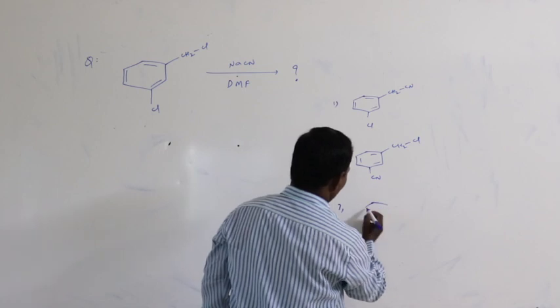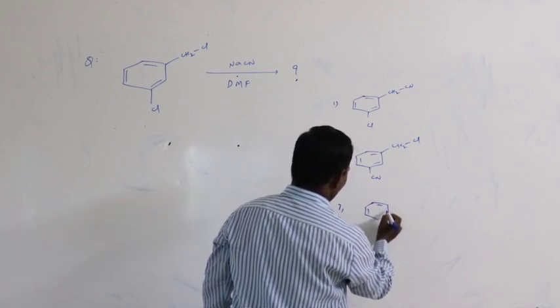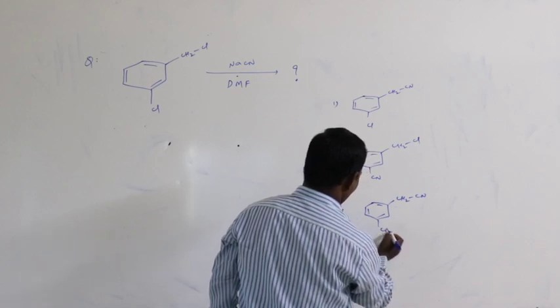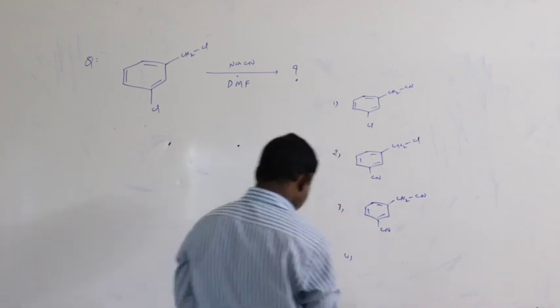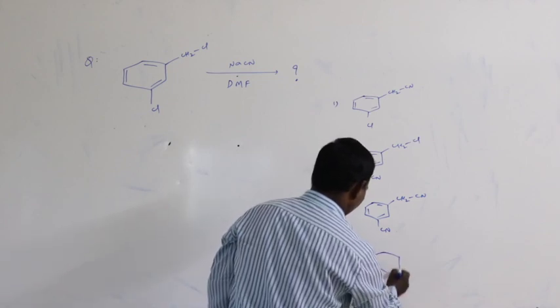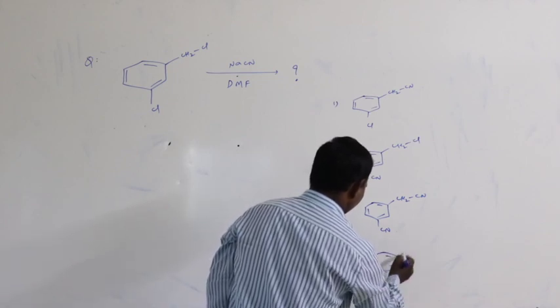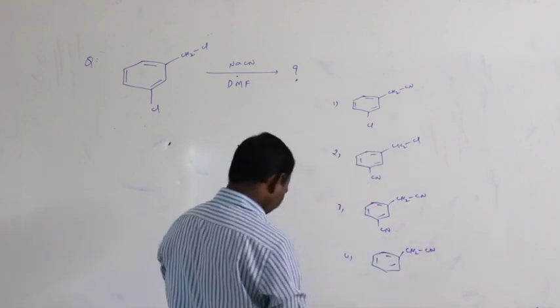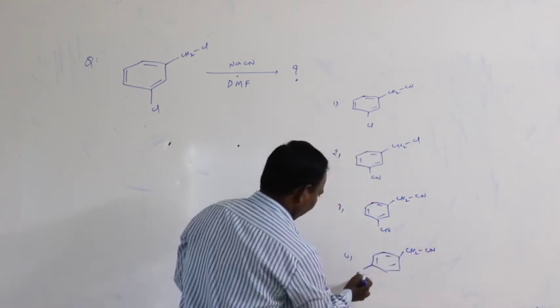And the third option is benzene, CH2CN, here also CN. And the fourth one is benzene ring, CH2CN, and here CN.